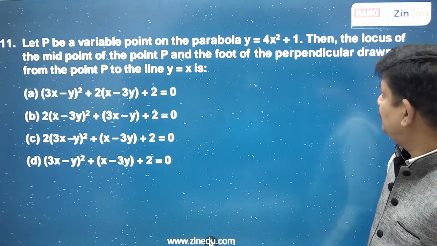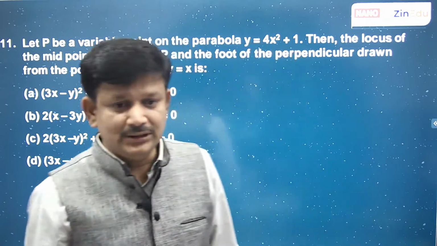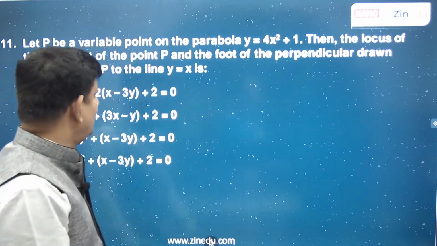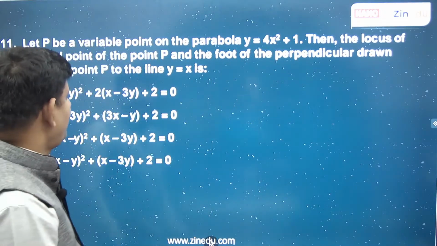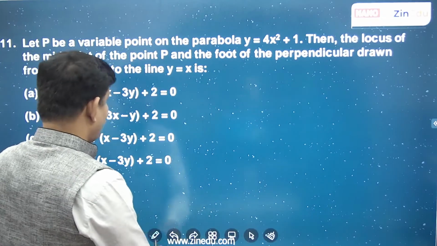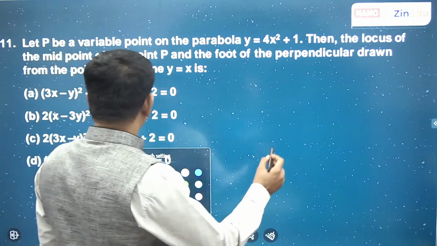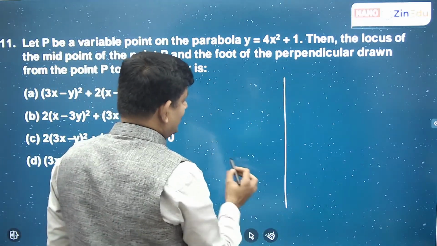P is a variable point on the parabola y is equal to 4x square plus 1. Then find the locus of the midpoint of the point P and the foot of the perpendicular drawn from point P to the line y is equal to x. So, what kind of parabola is this?